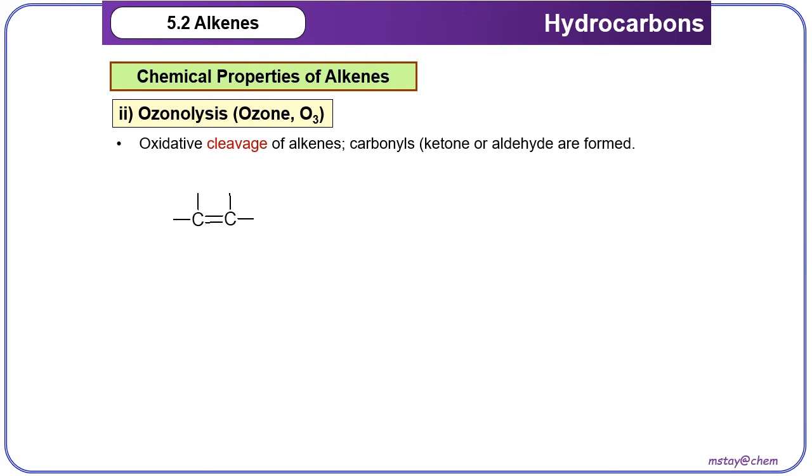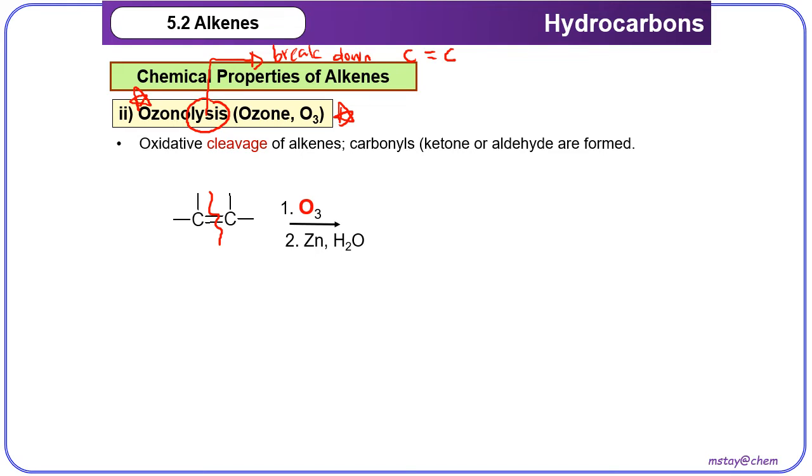Let's look at ozonolysis, which means the alkene reacts with ozone, O3. From the word lysis, we know they are going to break down. What is broken down? Because this is an alkene, we break down the carbon-carbon double bond.